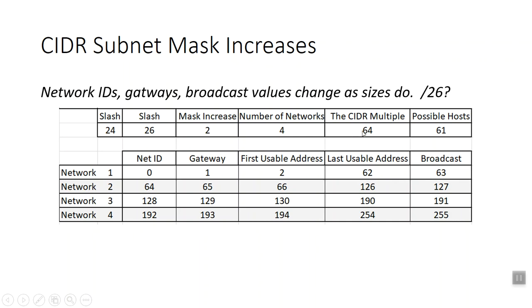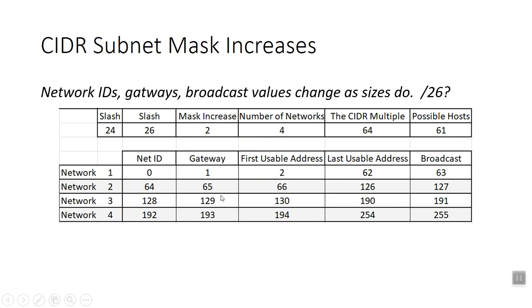The CIDR multiple is 64. Each network has a number of possible host or client network connections, 61 of those. You'll see network 1 starts at network ID of 0, network 2 starts with 64, network 3 starts with 128, and network 4 starts with 192.